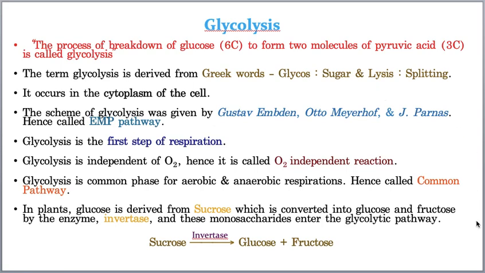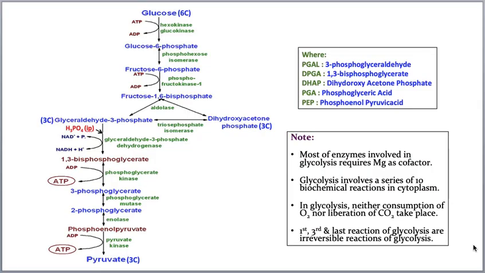Now let us take the actual mechanism of glycolysis. Whether in animals by blood, that means the circulatory system, or in plants by the invertase enzyme, the sucrose breaks down to form glucose and also fructose.